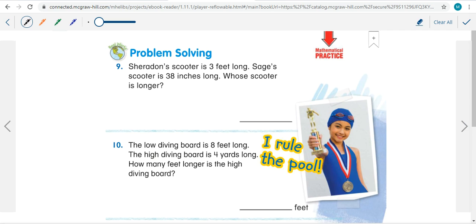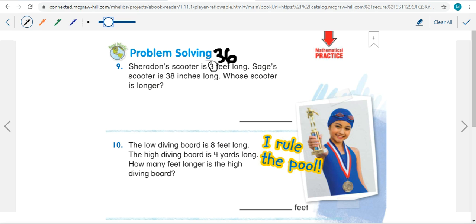Number 9. Sheraton's scooter is 3 feet long. Sage's scooter is 38 inches long. Whose scooter is longer? Now, we know that 1 foot is 12 inches, so if we change his scooter into inches, it will equal 36 inches. Why? Because in 1 foot we have 12.